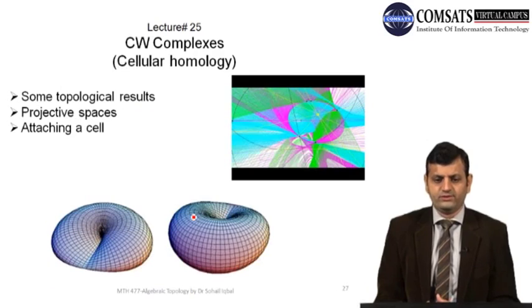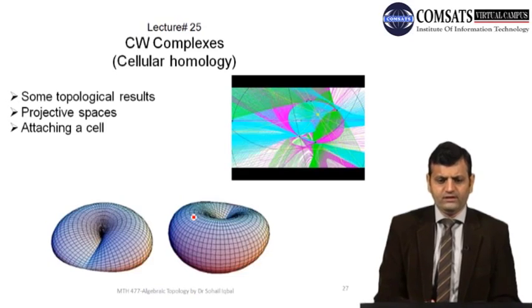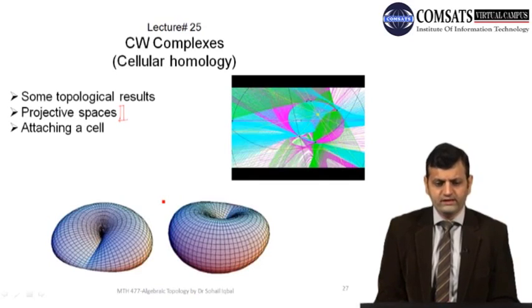Moving on to lecture number 25, we started our discussion of cellular homology, which is one of the powerful tools for calculating homology. After some topological results we defined projective spaces, because these projective spaces are going to provide us with some non-trivial examples for calculations of homology using this method of cellular homology.